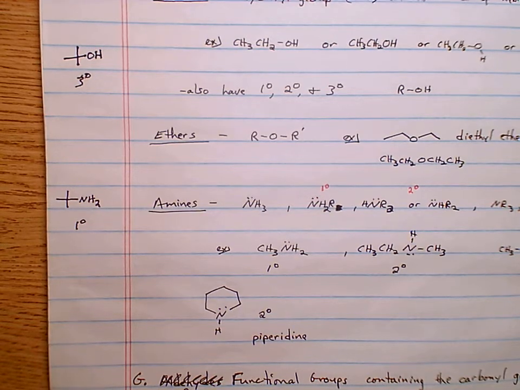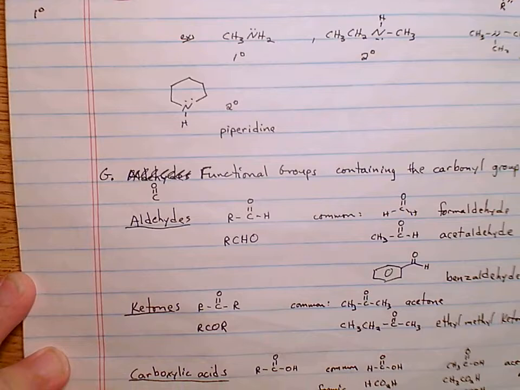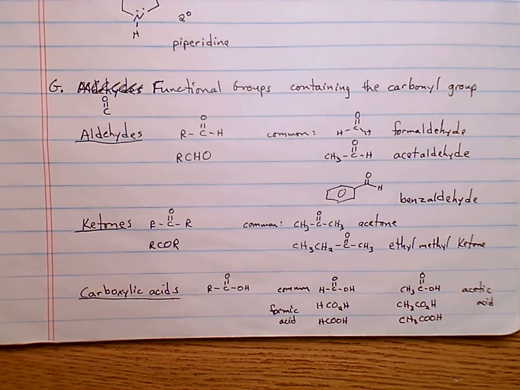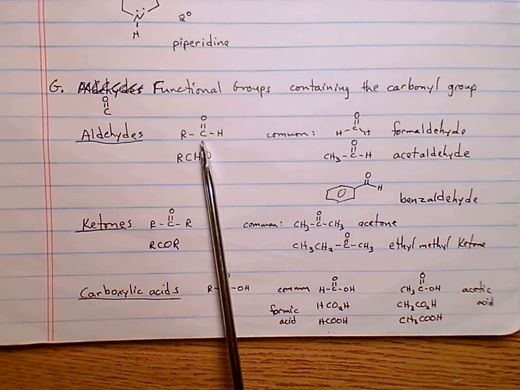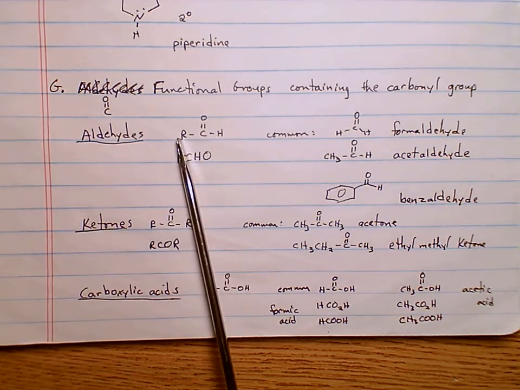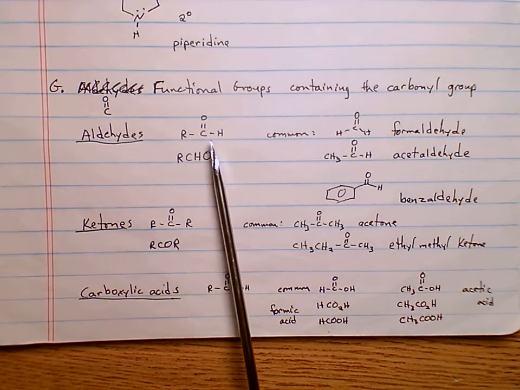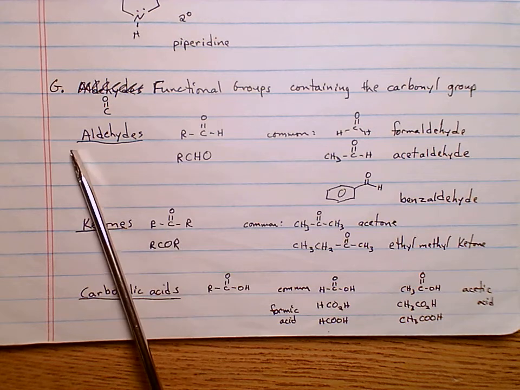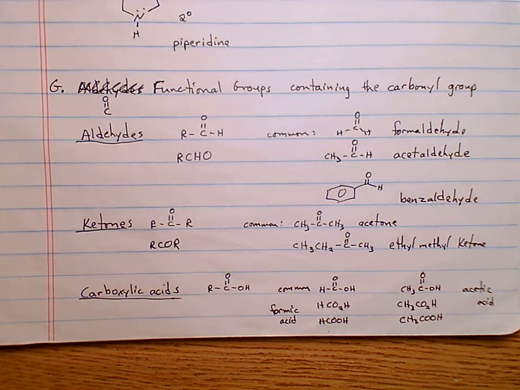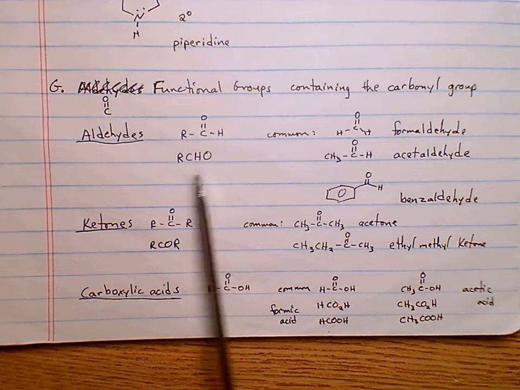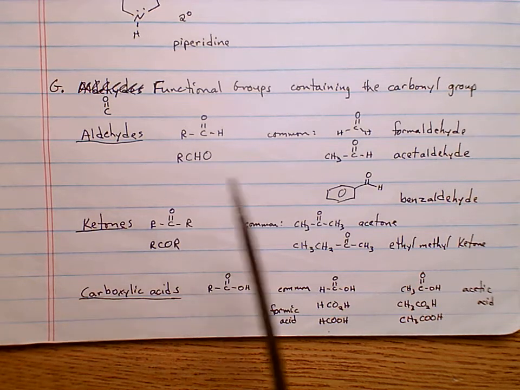Let's look at the functional groups now that have the carbonyl in them. Carbonyls spice things up, make it a little bit more fun. If you have a carbonyl with a normal carbon on one side and a hydrogen on the other side, so the carbonyl carbon is bonded to 1 hydrogen, that is called the aldehyde functional group. RCHO is how you abbreviate it.